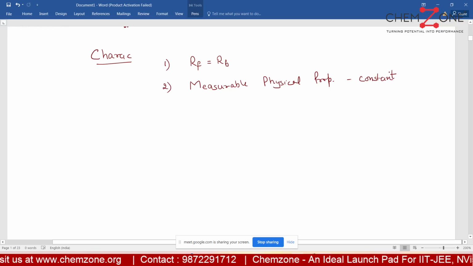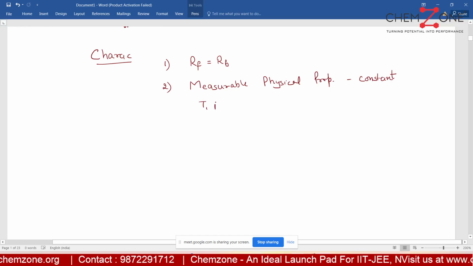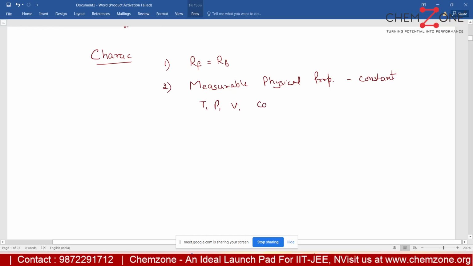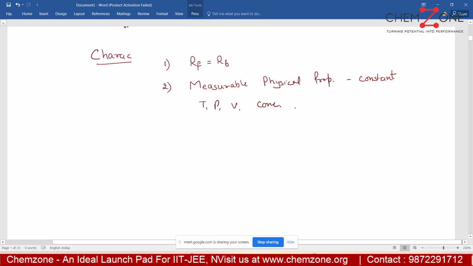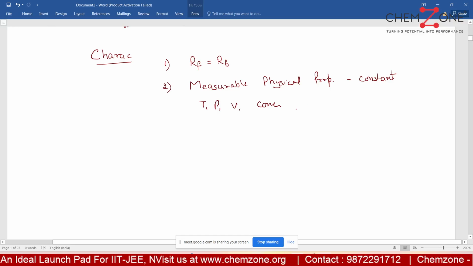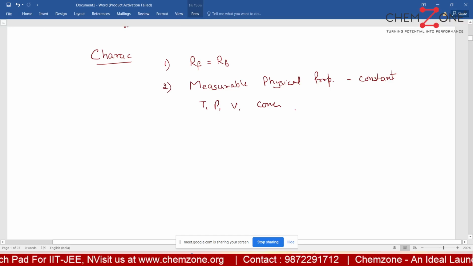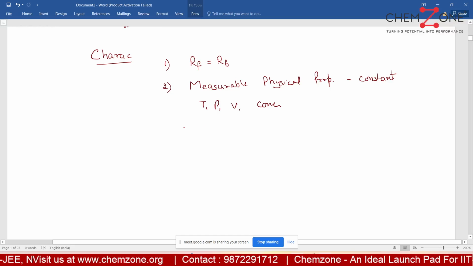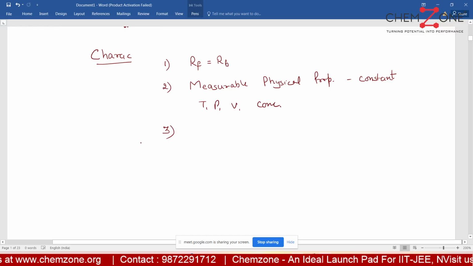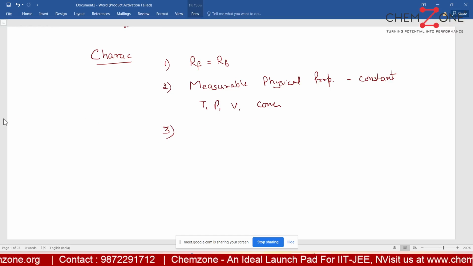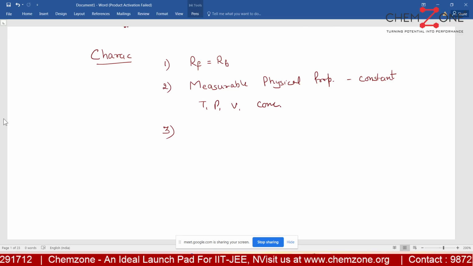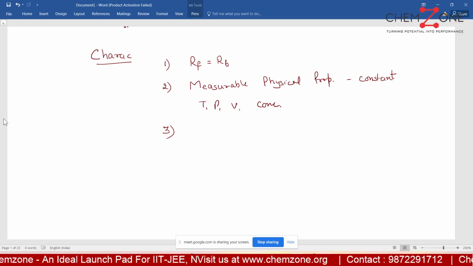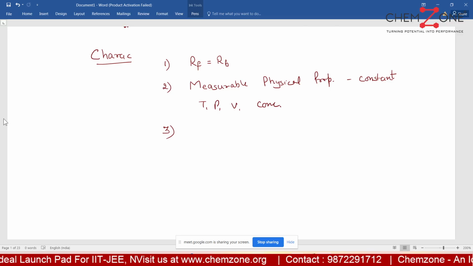Means temperature, pressure, volume, concentration, or any such properties which can be measured, that becomes constant. There is no change in the value of the temperature, pressure, and volume, right?